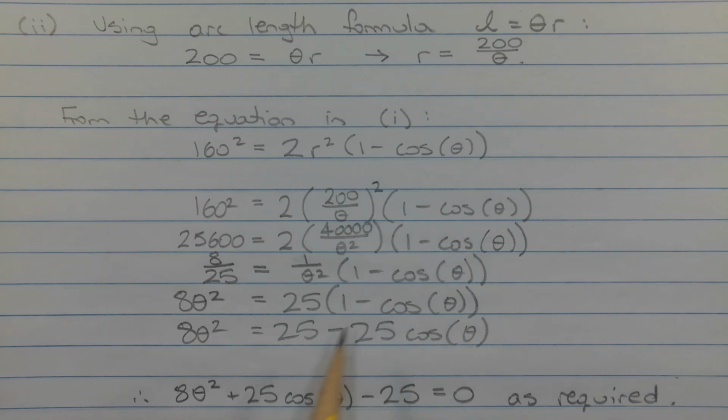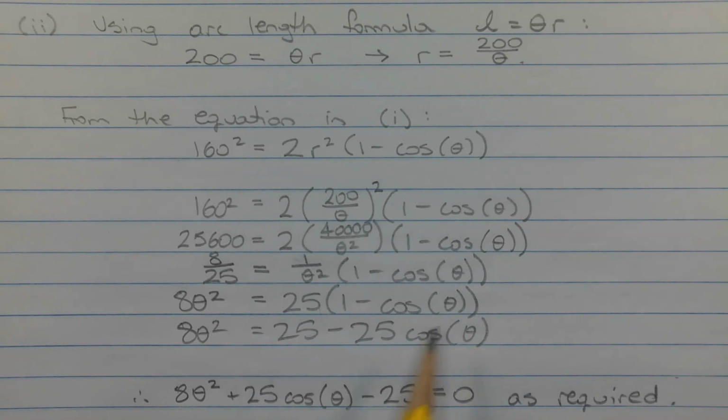Now in the next step, in fact I'm going to do two things at once here. I'm going to move the theta squared here over to the other side by multiplication. So I'm going to get 8 theta squared, but at the same time, I'm going to move this division by 25 over to the other side, which becomes multiplication. We get 8 theta squared equals 25 times (1 minus cos theta).